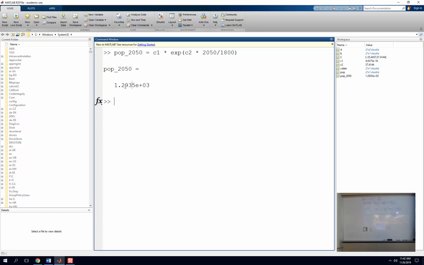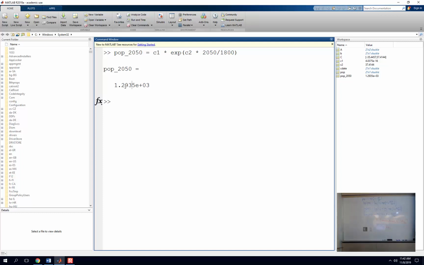Then population is equal to C1 times date to the power of 2 plus C2 times date plus C3 is another. Polynomial 3 is population equal to C1 times date to the power of 3 plus C2 times date to the power of 2 plus C3 times date plus C4. So each of them is a polynomial model.